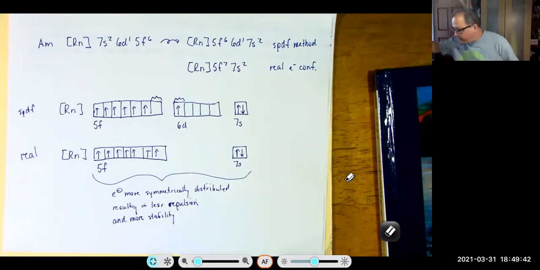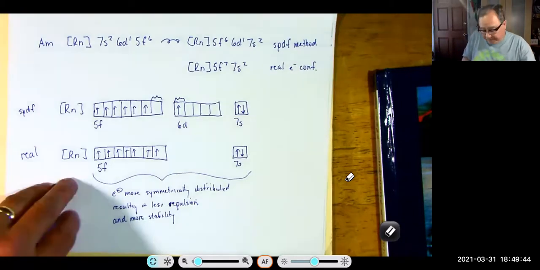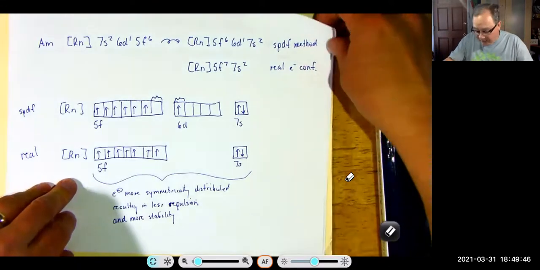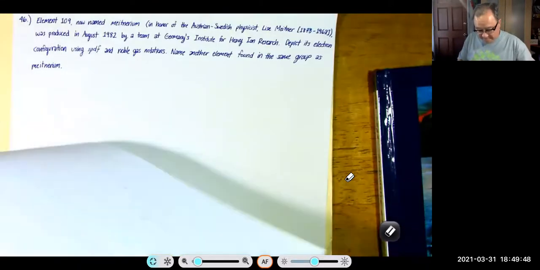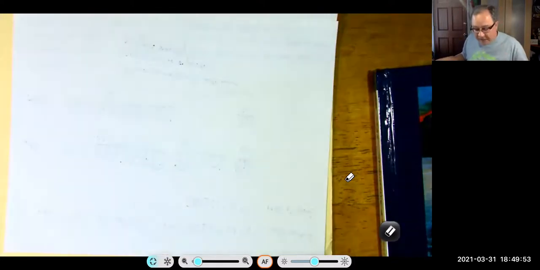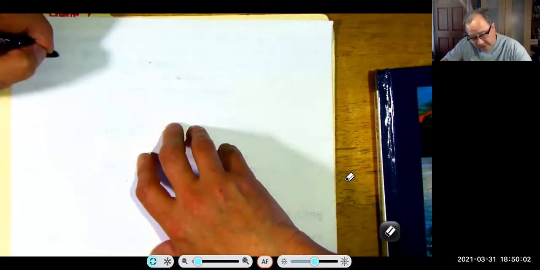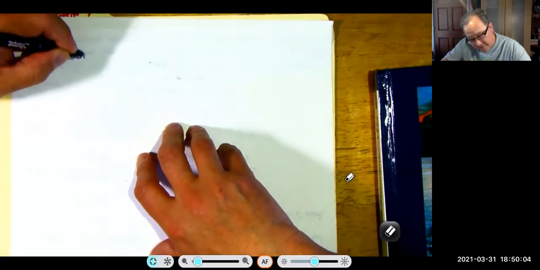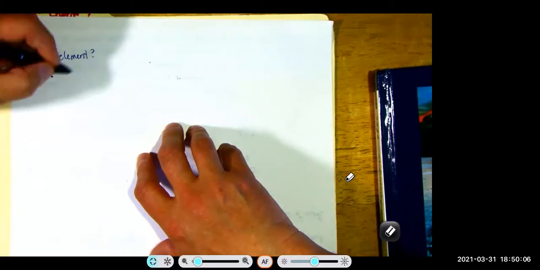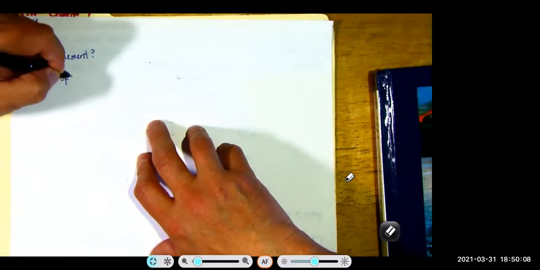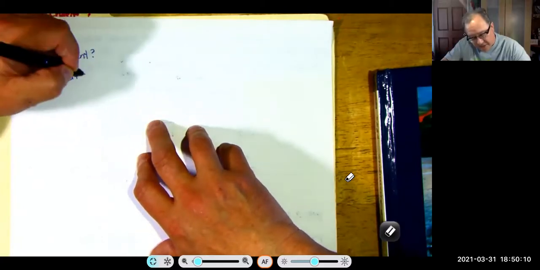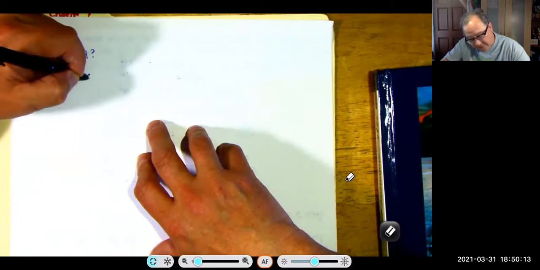Okay, so let's try something else. You're like an experiment for me. I'm going to give you an electron configuration, and I want to know 3 things. 1, what is the element? 2, what is the SPDF electron configuration?